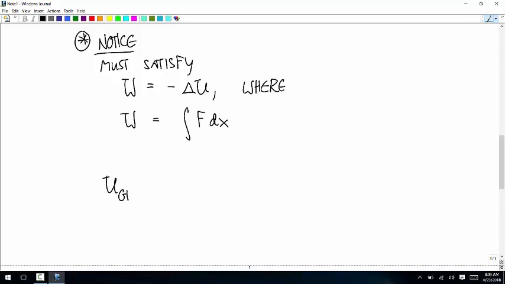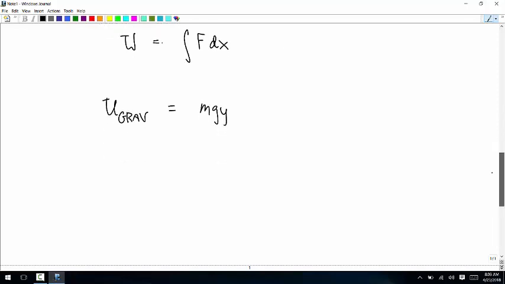Gravitational potential energy is mgh. So if our y-axis is up, I'm going to call this mgy, right? So what's the force field applied by gravity?